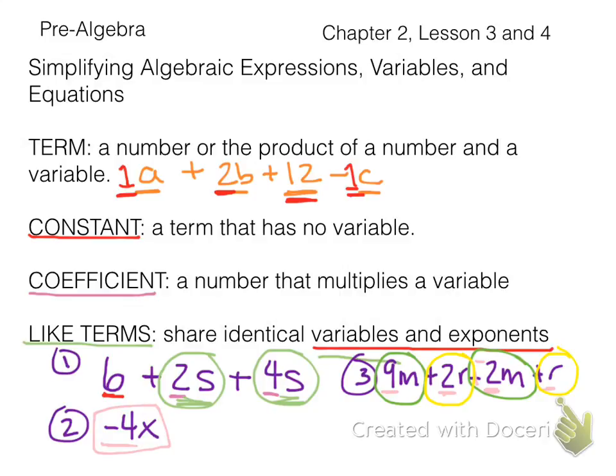And there's no constants in number 3 or number 2, but number 1 has the constant of 6. Again, you can see they're all separated by addition or subtraction. That's a little messy, but you guys got it.